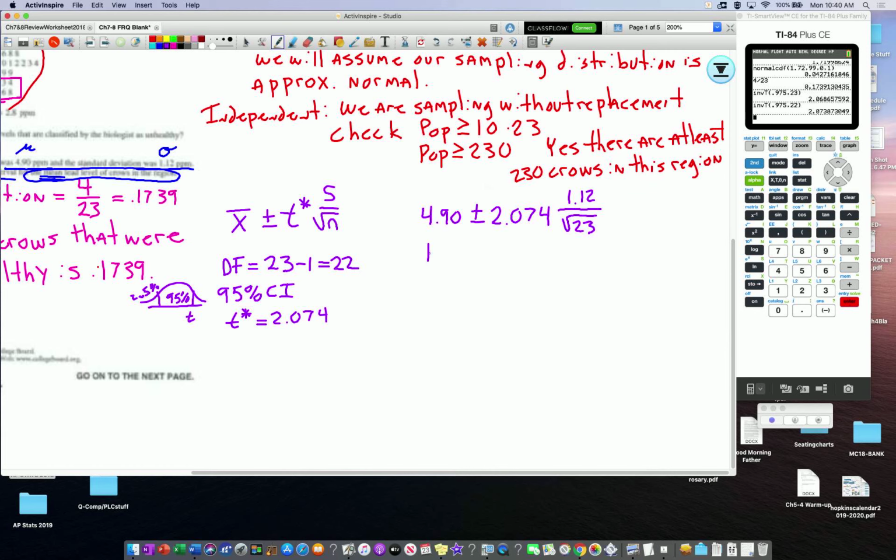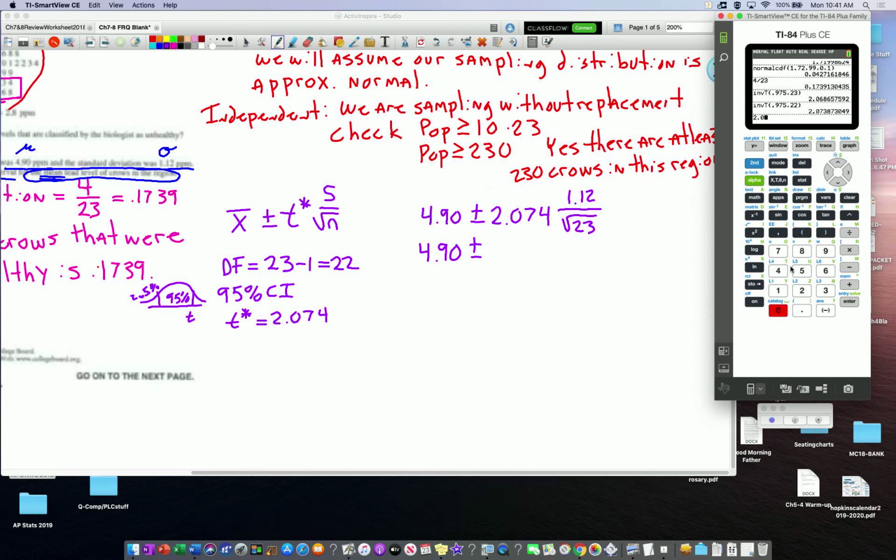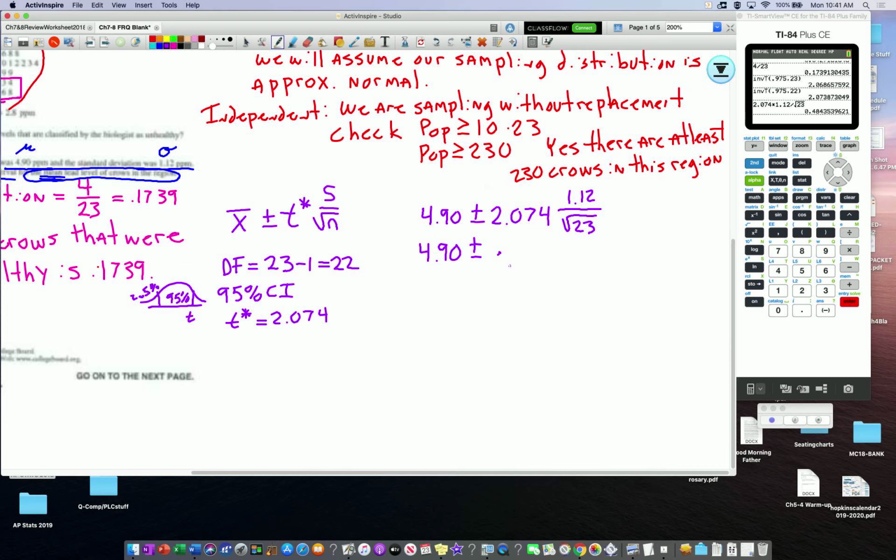So now I'm going to calculate this on my calculator: 2.074 times 1.12 divided by the square root of 23. So I get 0.484.